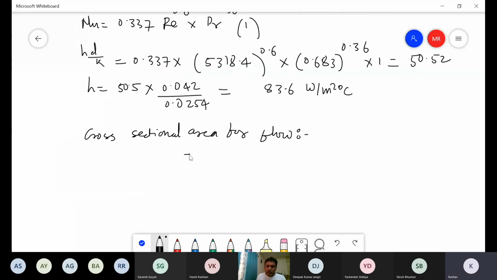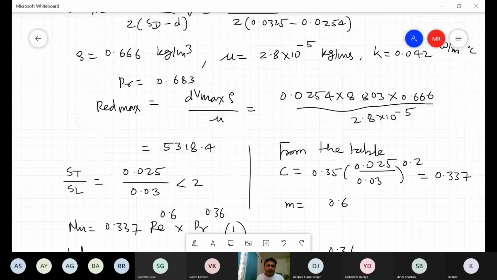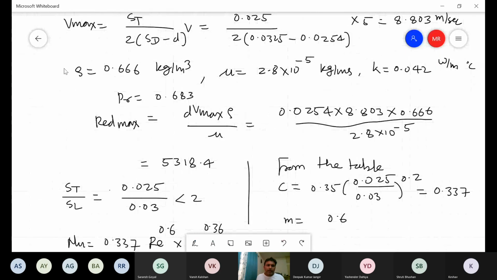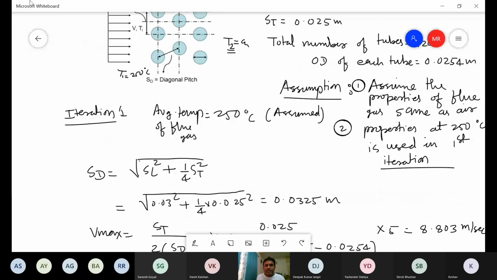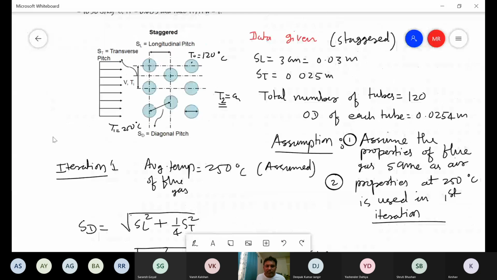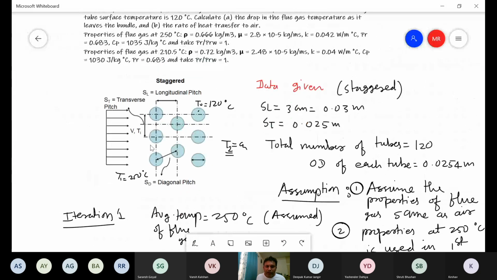Let me repeat from the diagram. I will again go back to the same figure. I just wanted to ask a very simple question. What will be the cross sectional area if I look at this direction, the direction of the flow? Remember, in the Z direction, the length is 1 meter because the length of the tube is 1 meter, correct? And now I wanted to find out what will be the height from bottom to top, isn't it?